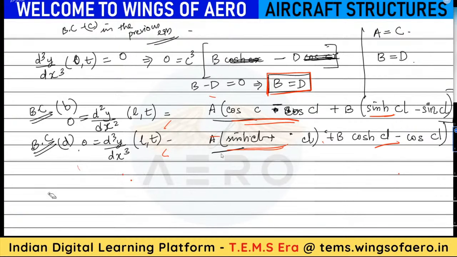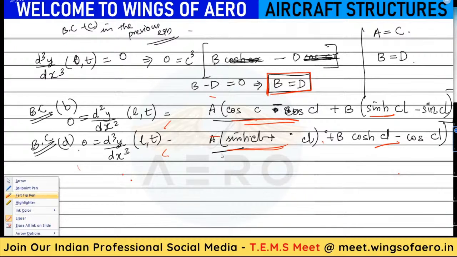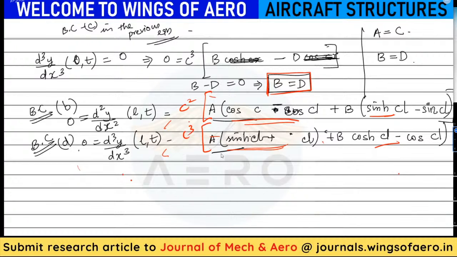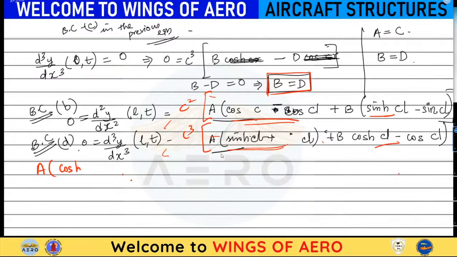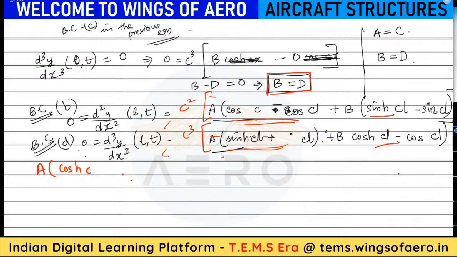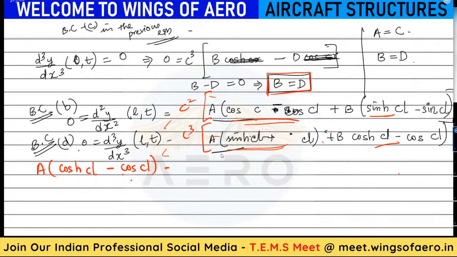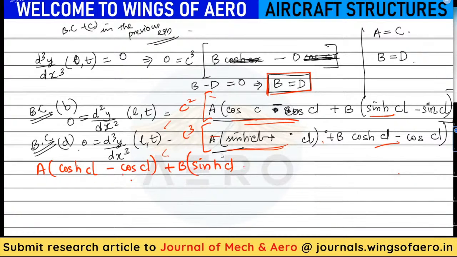Sorry. So here at both the ends you have this C square and C cube, right? So basically from the D and B and D, you will get two equations. One is A cosh CL minus cos CL, right, plus B sinh CL minus sin CL equal to 0.